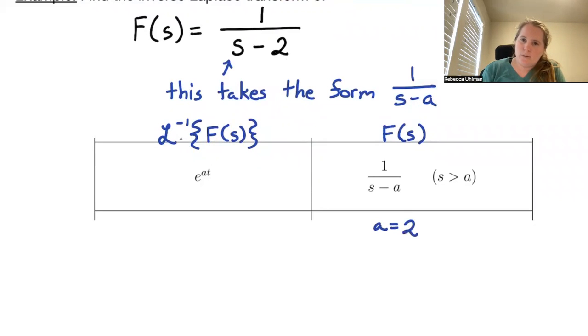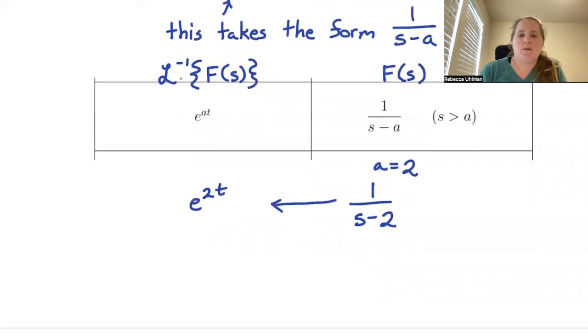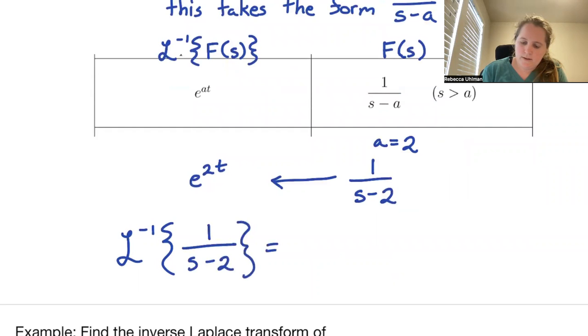And so we will take 1 over s minus 2, and it will go back to e to the 2t. So the inverse Laplace transform of 1 over s minus 2 is simply e to the 2t.